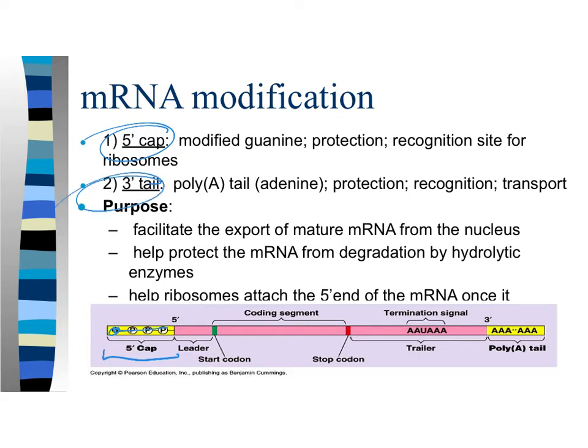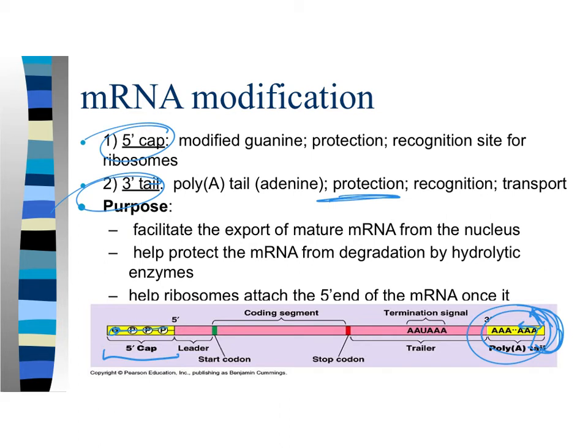Second, we have a 3' tail at the end, this poly A tail. This is lots of adenines thrown on the end. And this is mainly protection, because think of like Pac-Man, okay? These hydrolytic enzymes are Pac-Man that are just going to be chomping away, eating out these A's.